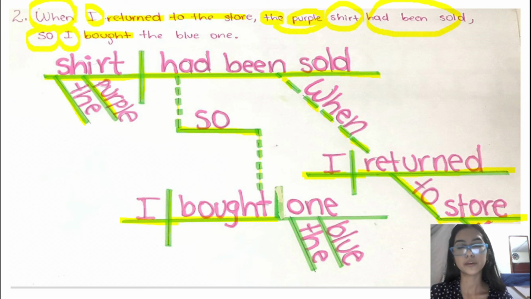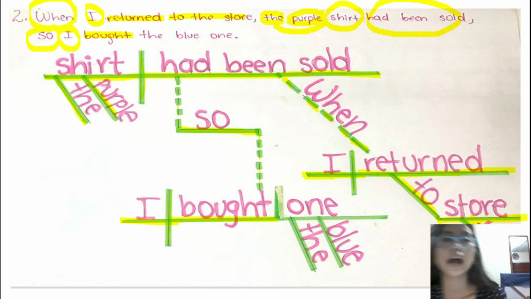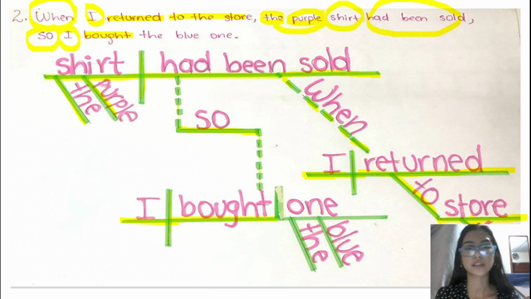Well, here we have a direct object, that is the blue one. So we are going to write a semi-straight line that is going to separate the predicate and the direct object. Here the main word is one.